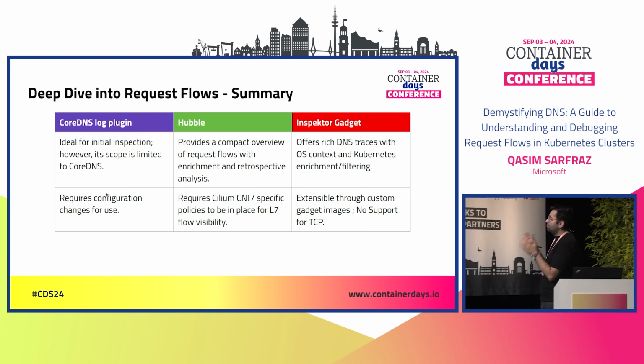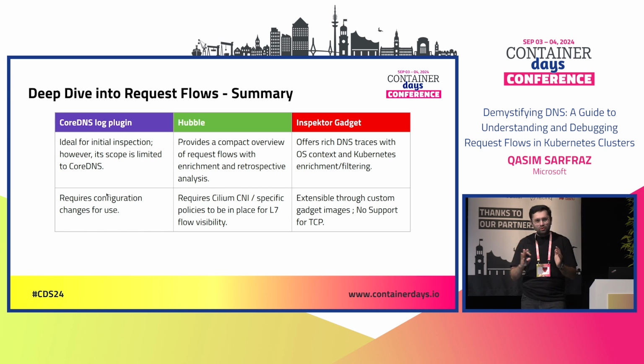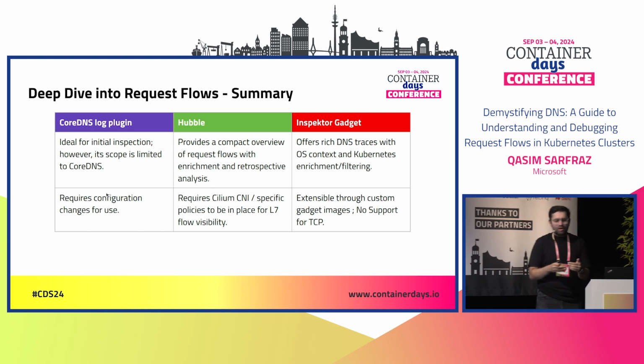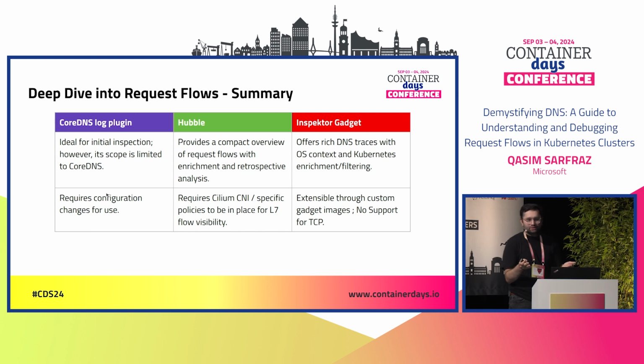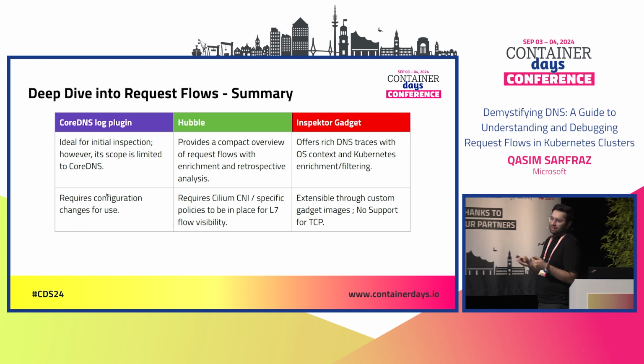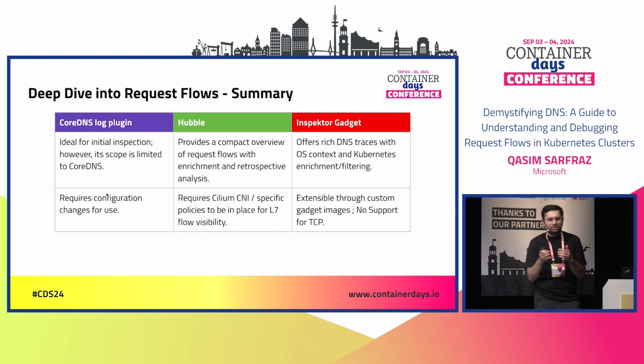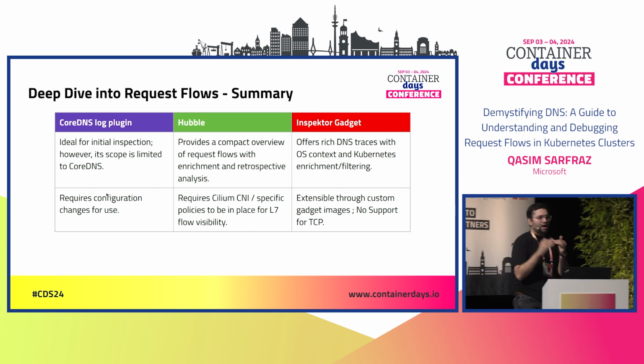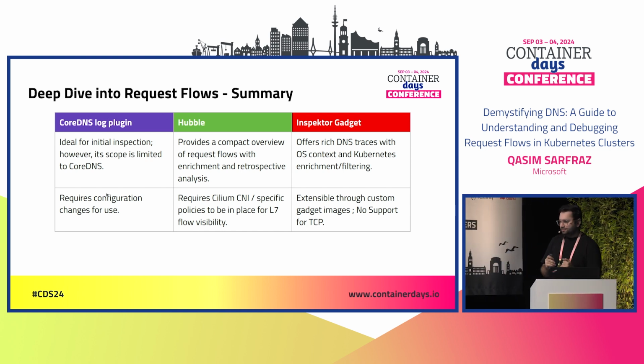In case of Hubble, it provides a compact overview for request flows, and it allows you to do retrospective analysis. But for Hubble, you need to have Cilium CNI, and you need to configure certain policies to have L7 visibility.